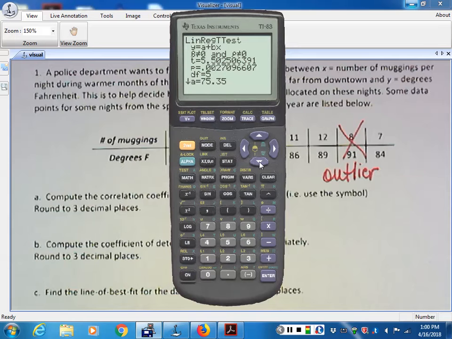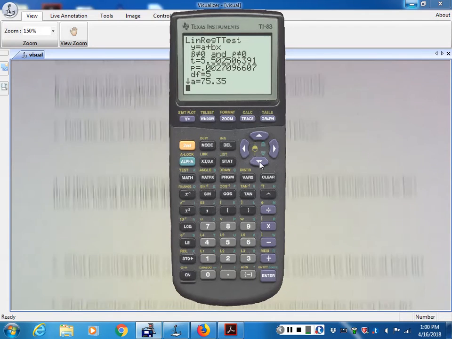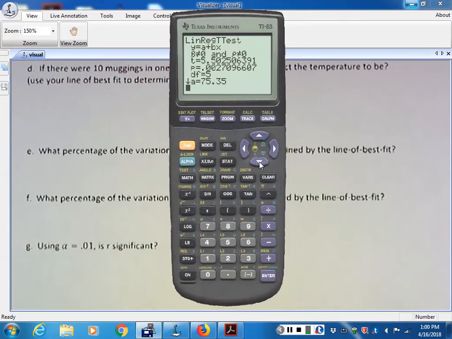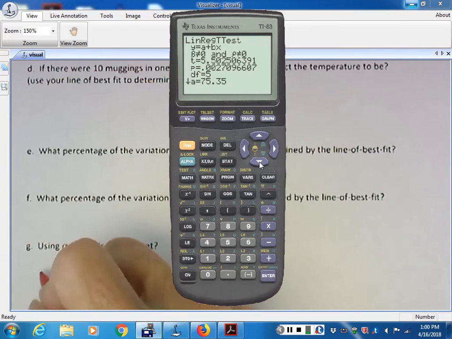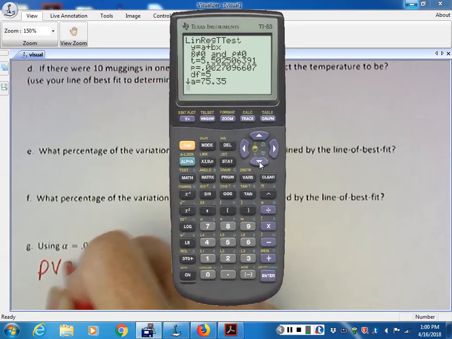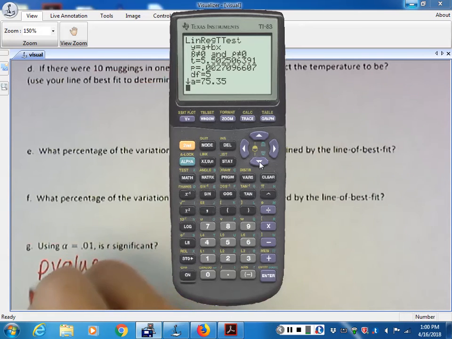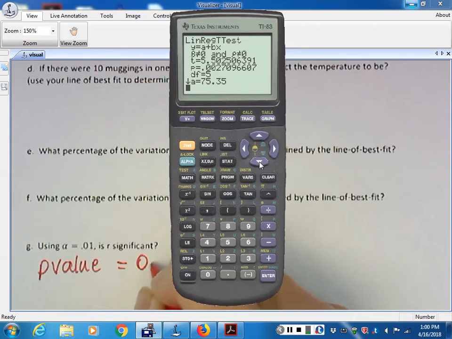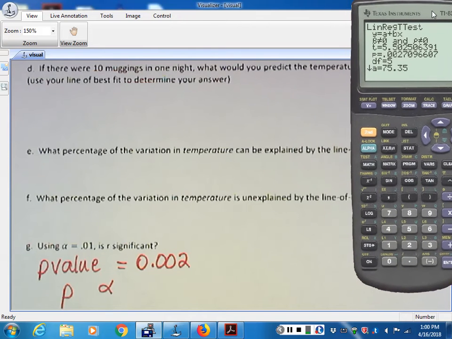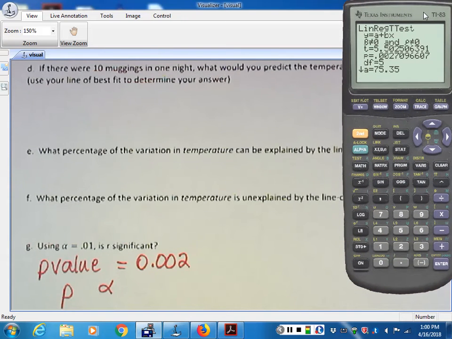What does it say the p-value is now? How does the sign go between p and alpha now? P is less than alpha. P is less than alpha.